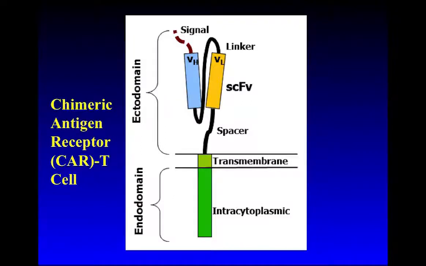For those of you that may not have been keeping up with what's going on in the field of cancer therapy, most of you probably have, I'm just going to show a cartoon of the CAR T cell. This is a CAR T cell that has been put together.